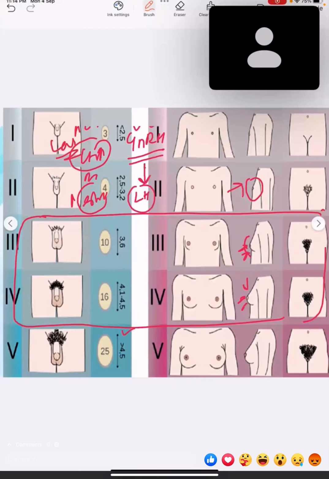If this is central precocious puberty, there will be a very high level of LH after this hormone. And if it is a benign variant, after giving this GnRH, there is only a slight increase in the LH level.